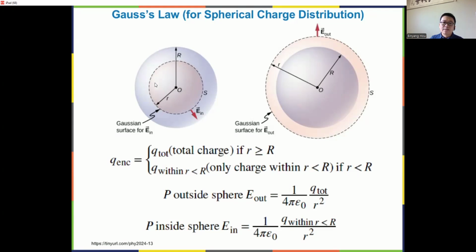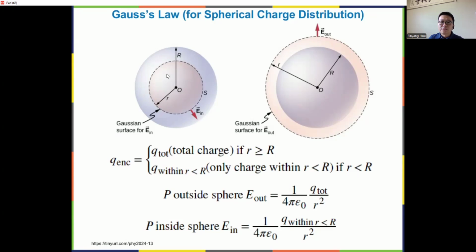Outside of the Gaussian surface here, the electric field will be pointing again in the radial direction, if this is a uniform charge distribution. Then Q enclosed by the surface would be just the total, okay?